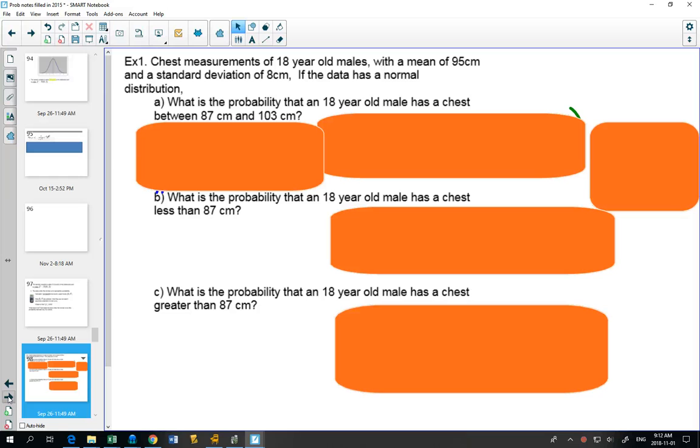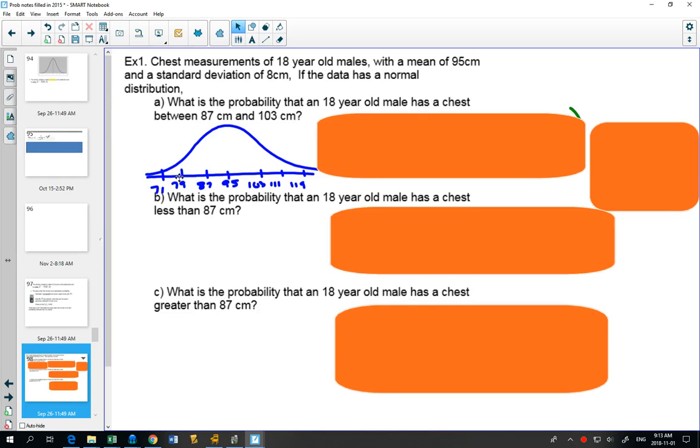Chest measurements of 18-year-old males have an average of 95 centimeters and a standard deviation of 8 centimeters. If the data has a normal distribution, what is the probability that an 18-year-old male has a chest size between 87 and 103?